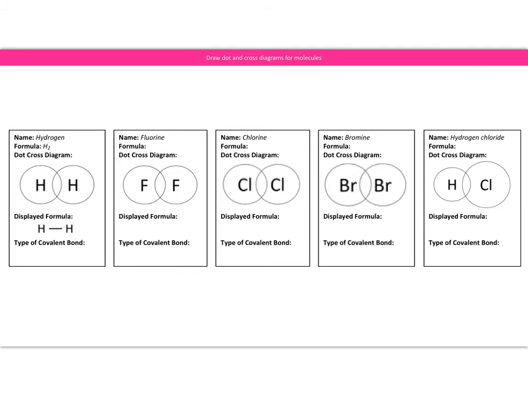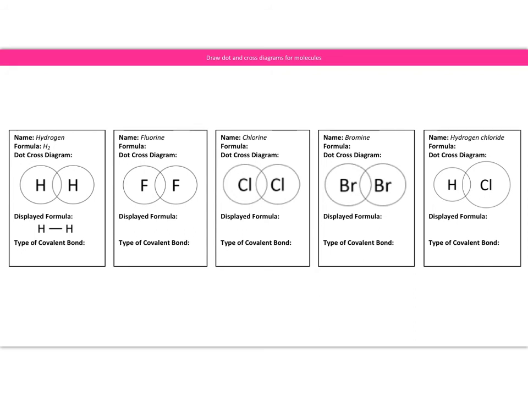And the great thing is these overlaps tell us where we're going to put our shared pairs of electrons. So if we know how many covalent bonds and therefore shared pairs of electrons a particular element must have, then we already know what we need to put into the overlaps. So let's take that step by step.